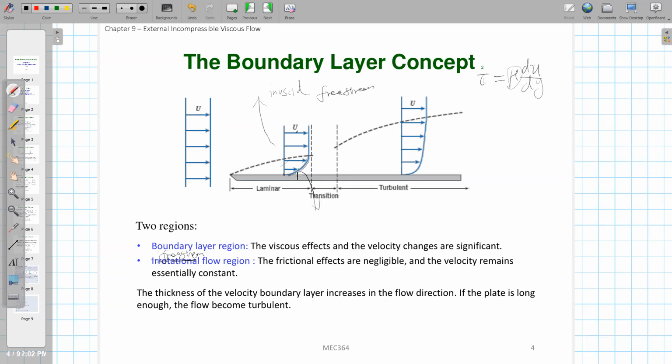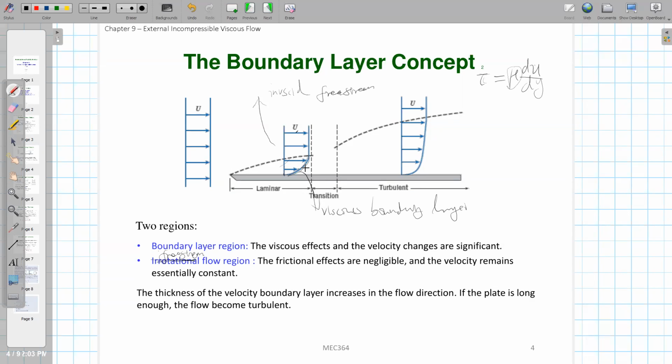So the viscous effect is strong. This is why the inside is the viscous boundary layer region. So in this way, we separate the flow into two parts. Outside is inviscid flow. Inside the boundary layer is viscous flow, because we only have the velocity gradient inside the boundary layer.